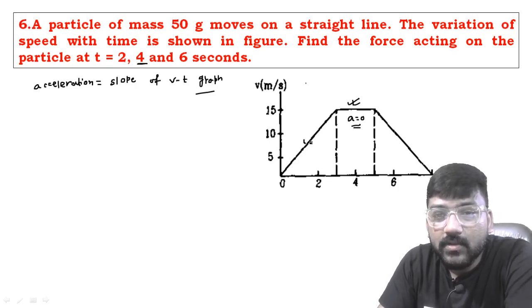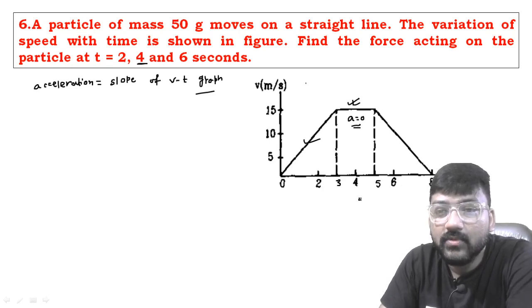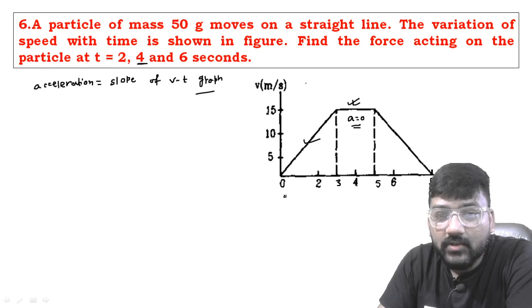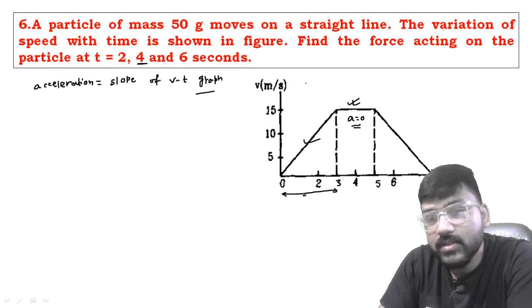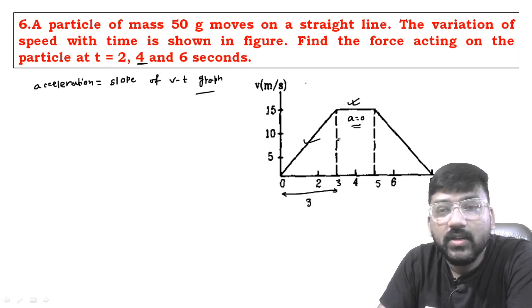But if you see this portion, from 0 to this, the slope of this graph, I think this will be 3 and this will be 5. Along this time axis, this is 3 seconds, and on the vertical axis, velocity, this is 15.